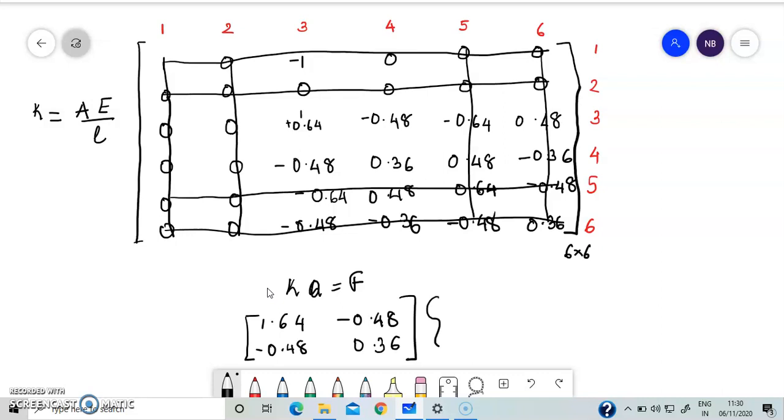Now this corresponds to the degrees of freedom 3 and 4, which are of the node 2. So here we will have Q3 and Q4. Again, the force terms that we are writing here have to be of node 2 only.